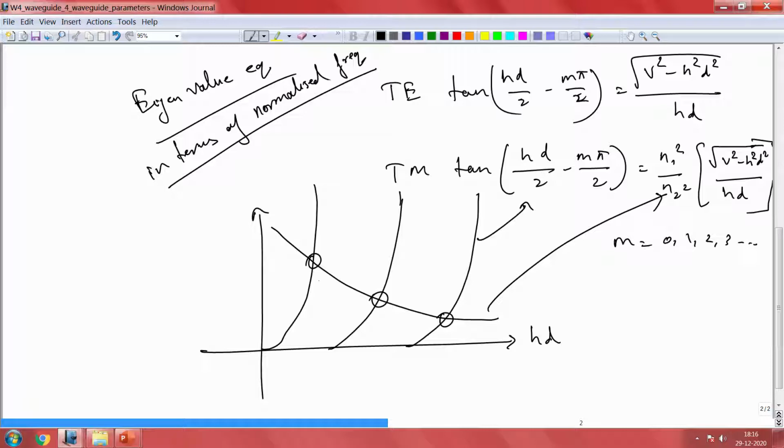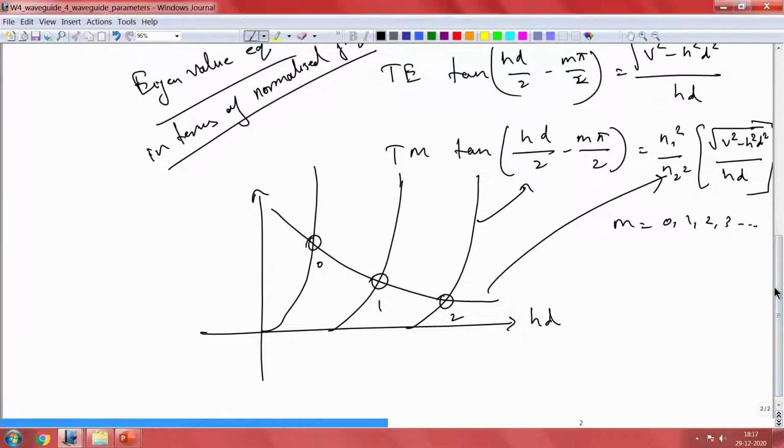So, this is 0, this is 1, this is 2, and this is nothing but m equals 0, m equals 1, m equals 2, and so on. By using this you could find how many modes are present here. How many solutions one can have using this very simple equation that we have.